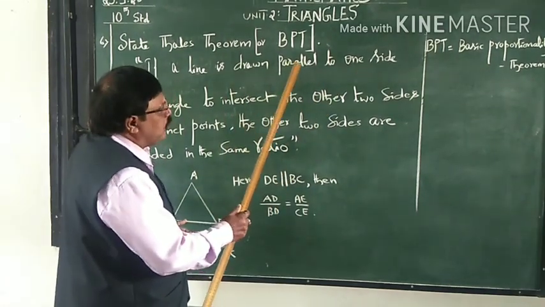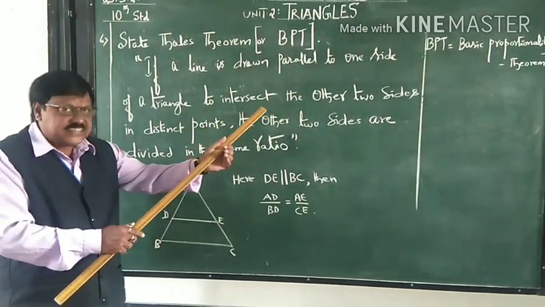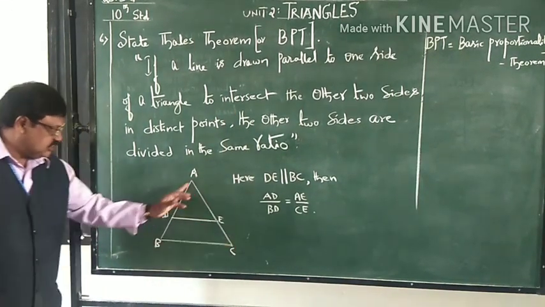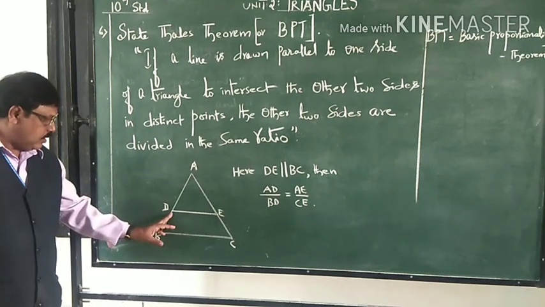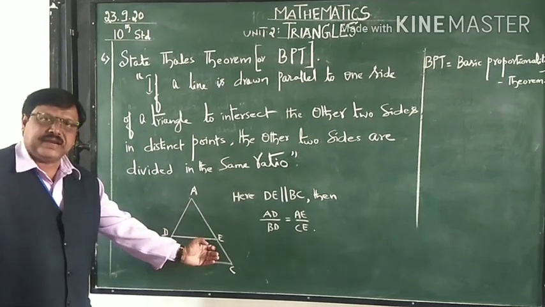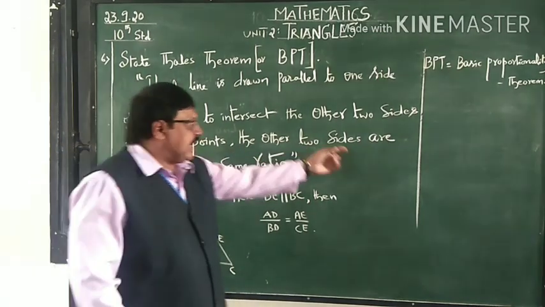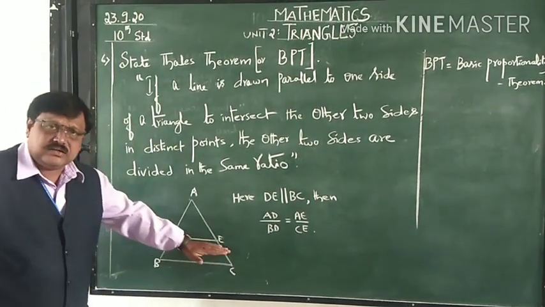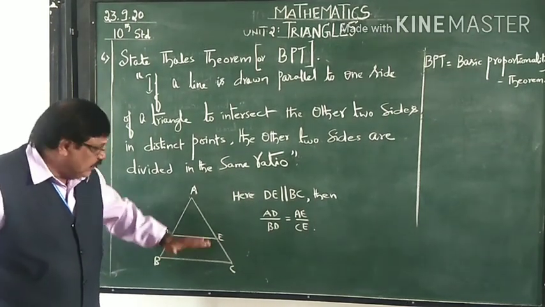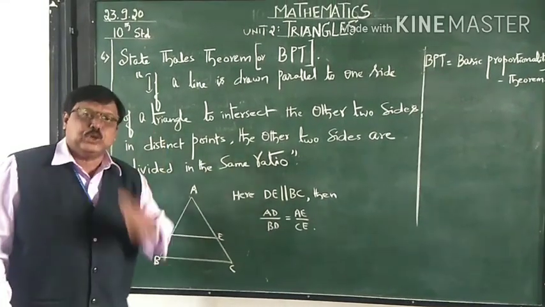So, the line drawn parallel to one side of a triangle intersects the other two sides, AC and AB, AB at D, AC at E, separately, that is distinct points. When it intersects the other two sides, it will divide the lines AC and AB in the ratio.